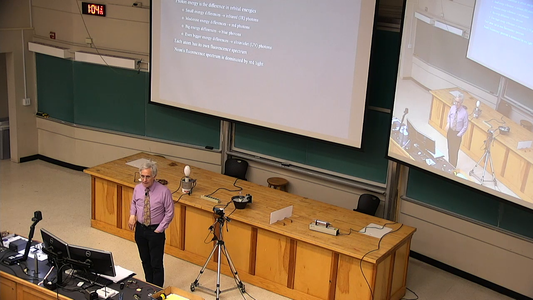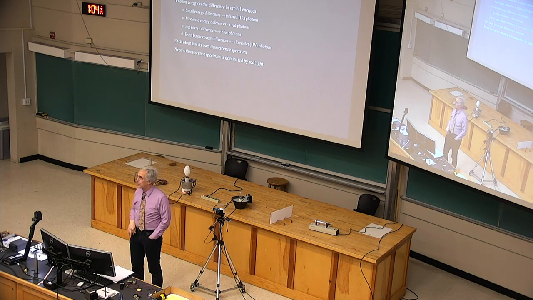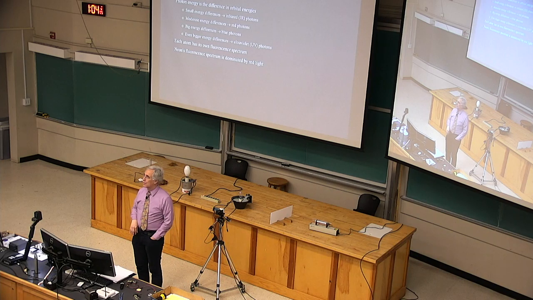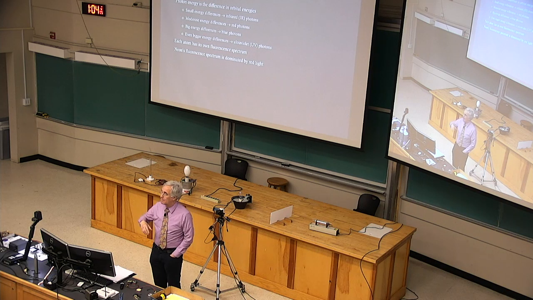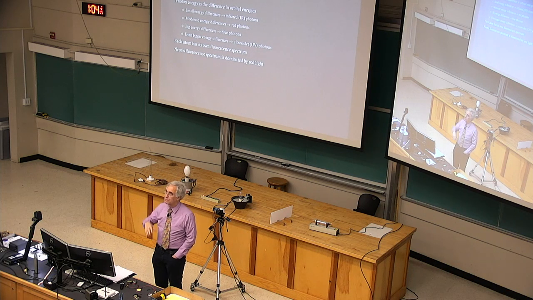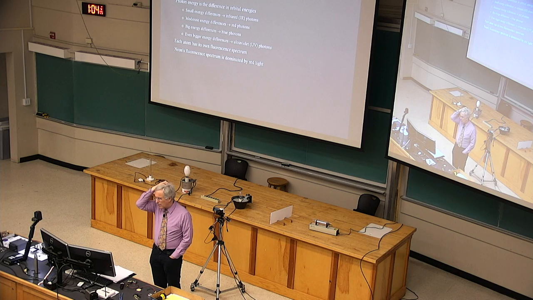The point here then is that these atoms, when they have extra energy, can emit photons. The photons come out with a frequency that is directly related, in fact proportional, to the amount of energy that was given up by the atom in shifting its electrons from one arrangement to another. So that frequency, we see as color.